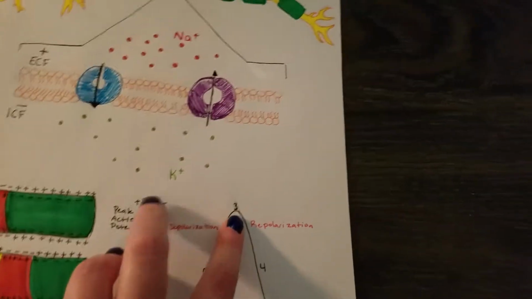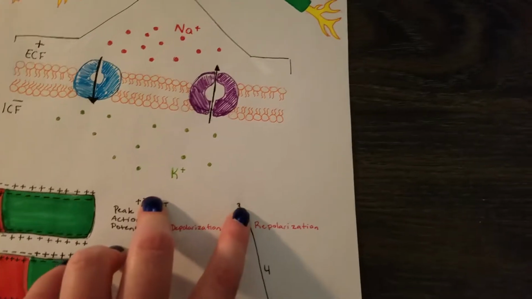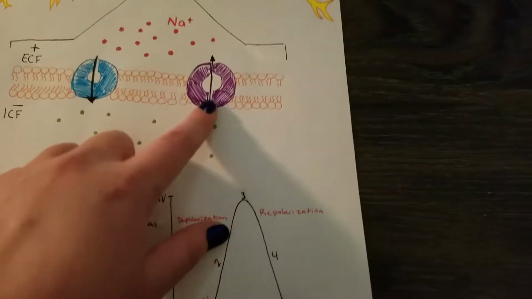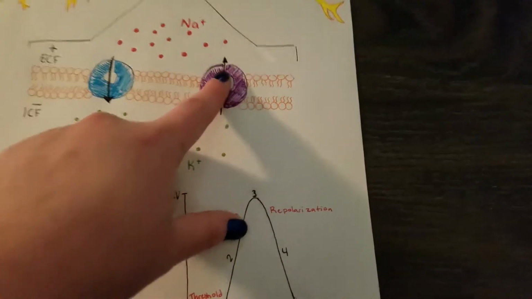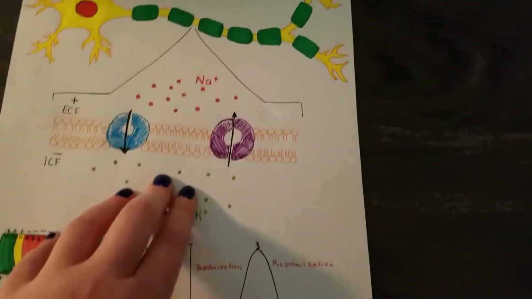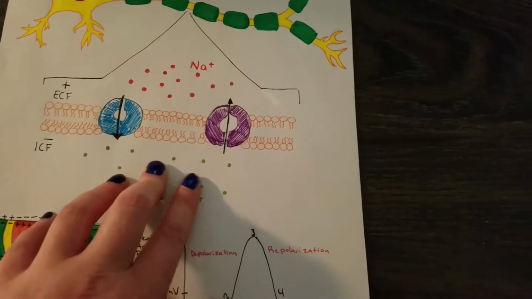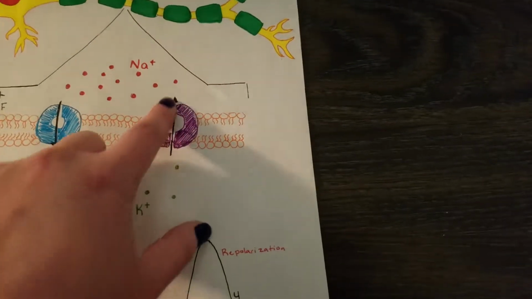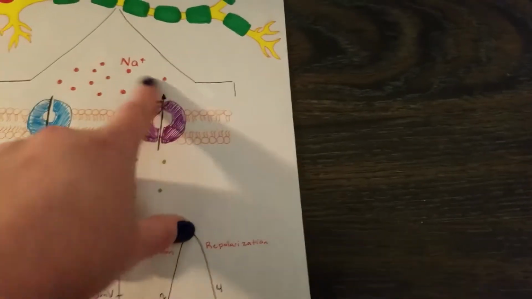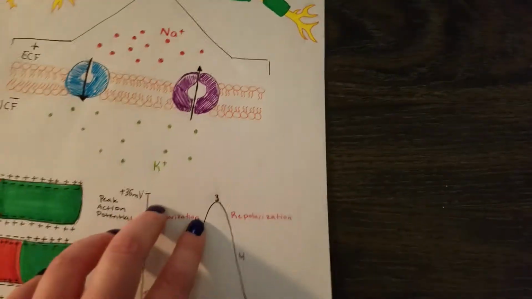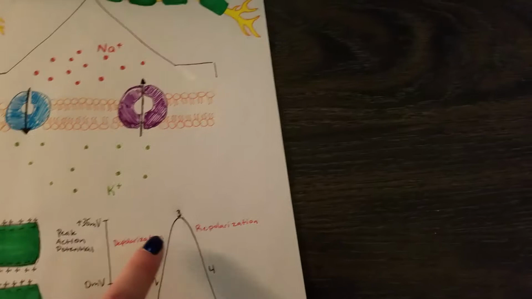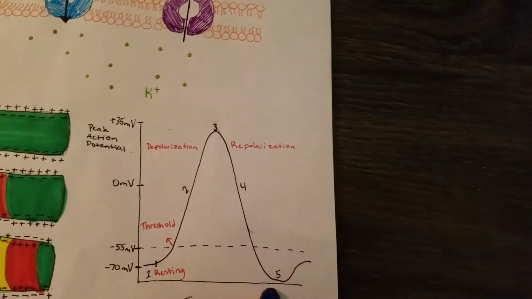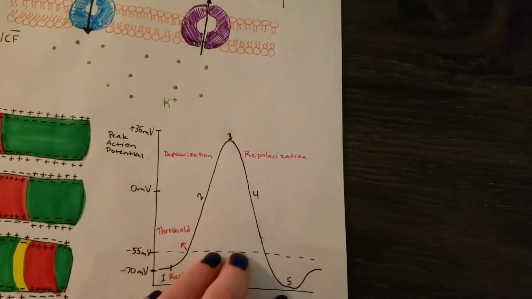And when that happens, the potassium gates start to open, and that causes potassium to flood outside of the ICF, causing its voltage to go down all the way below the resting membrane state voltage.